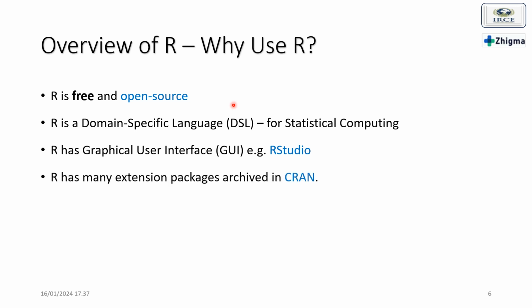R has many extension packages, and these packages are archived in the Comprehensive R Archive Network. There are people who have written codes for specific analysis, and they made it freely available so that you can use their codes if it answers your own task or your own analysis question.